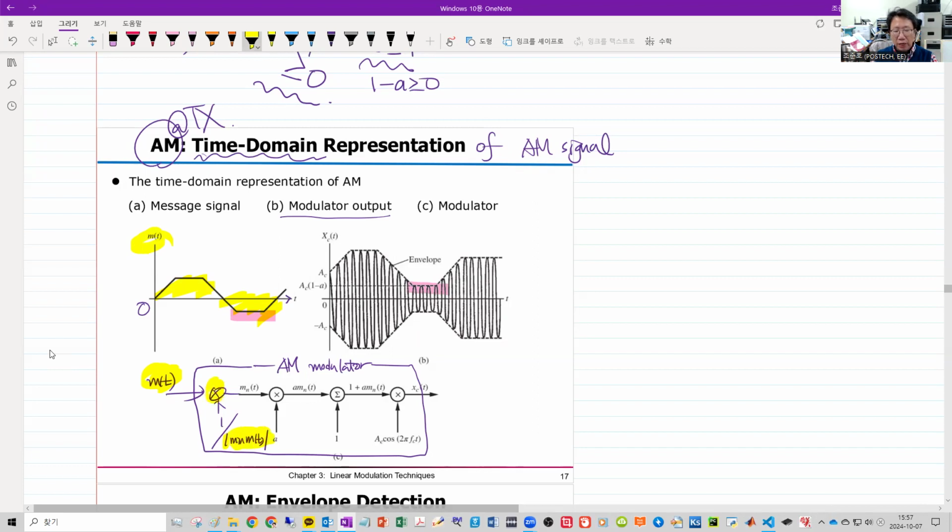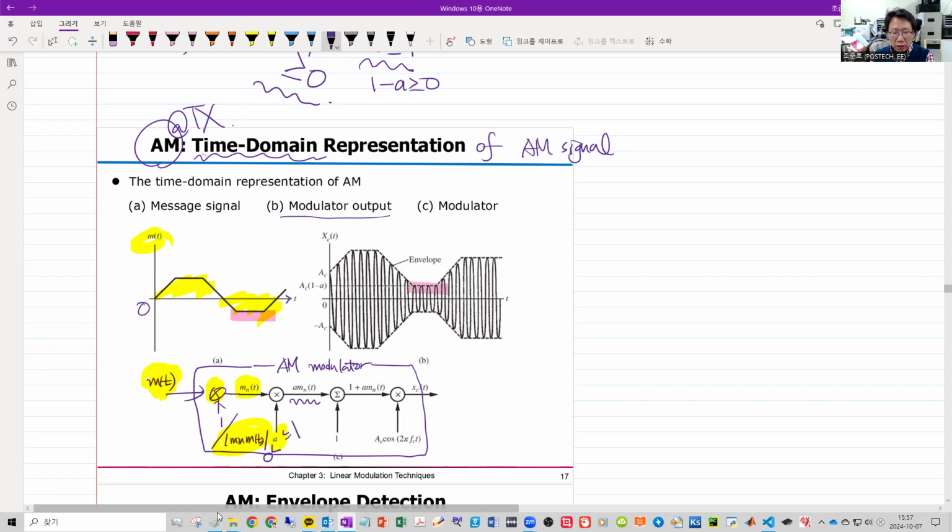First we divide the message signal by this absolute value of the minimum, and it becomes the normalized message signal. Now, what was the next step? We amplify. We multiply by the AM modulation index, A. And this AM modulation index is positive and less than or equal to 1. So here, this amplifier or multiplier output is A, the modulation index, times the normalized message signal.